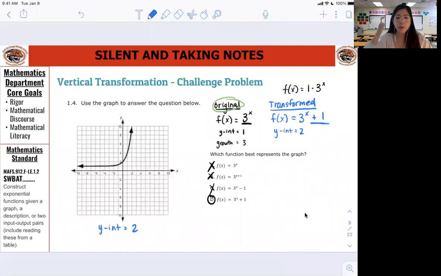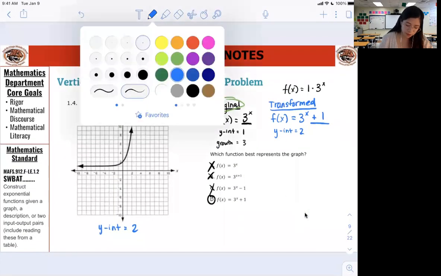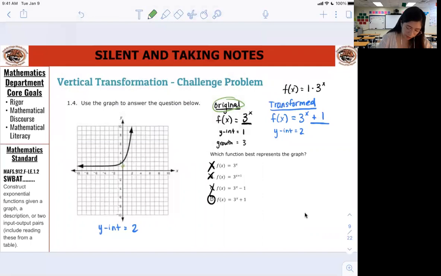transformation. So we had to realize that the original one, 3 to the power of x, before you add 1 or subtract 1 or do something to it, had a y-intercept at 1. So the original graph would look something like this. They don't show it to us, but just from the equation, we know that that's what it should be.